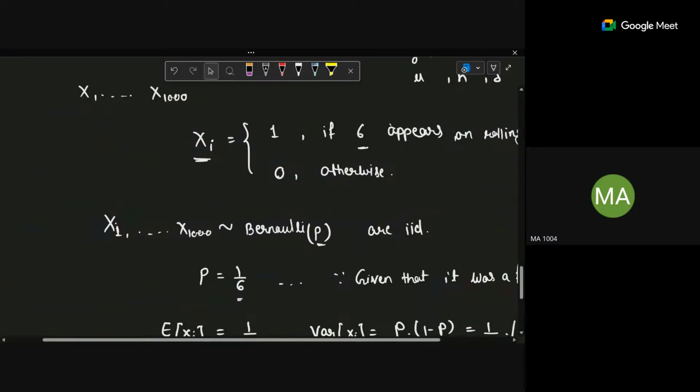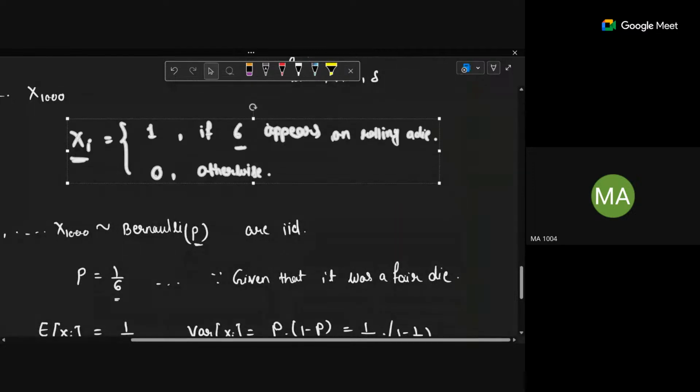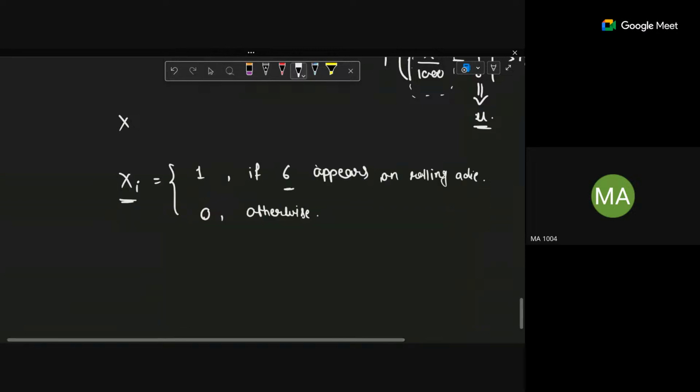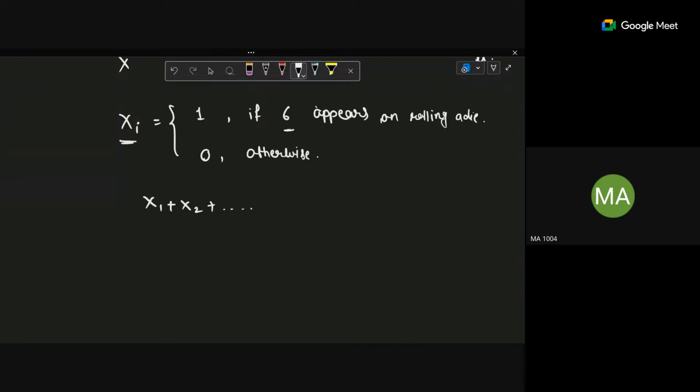If xi is a random variable which gives 1 if 6 appears and 0 otherwise, and I rolled a die 1000 times and summed up all the values x1 to x1000, it will give the total number of 6s that occurred.